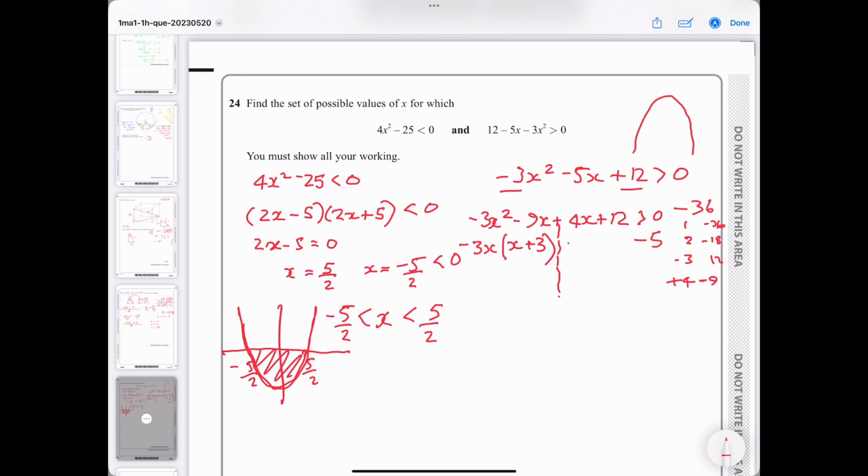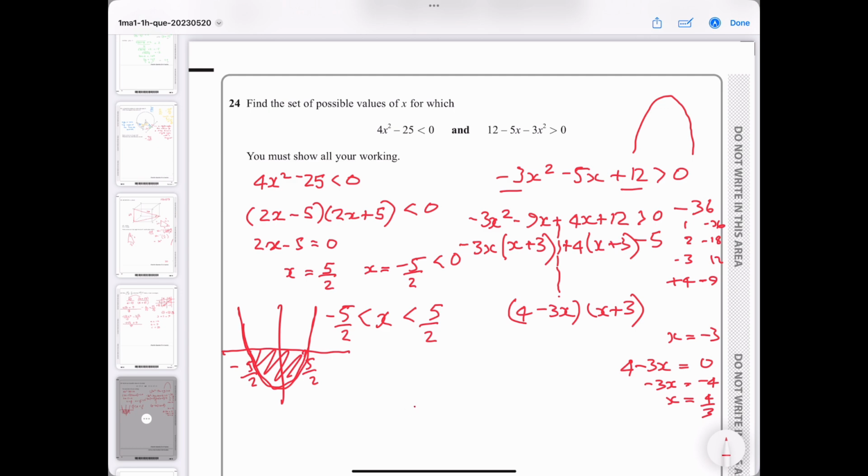And over here we've got plus 4, so that gives us x plus 3. So our answer is going to be 4 minus 3x and x plus 3. And so we know that x equals minus 3 and, sorry, I actually have to do this, 4 minus 3x equals 0, so minus 3x equals minus 4, so x equals 4 over 3.